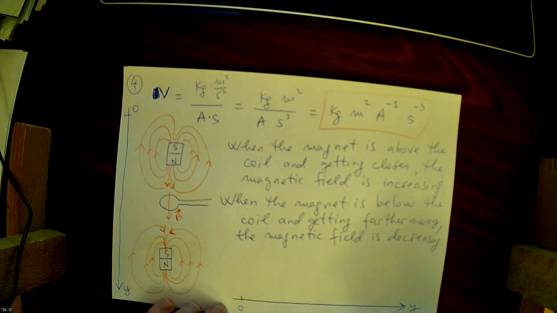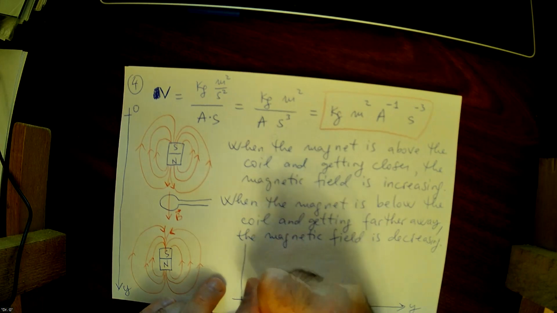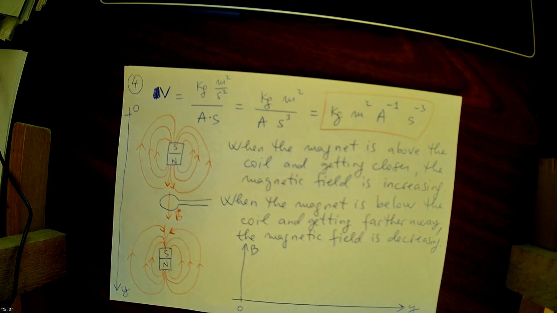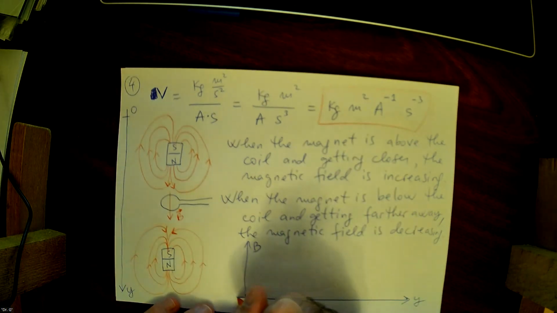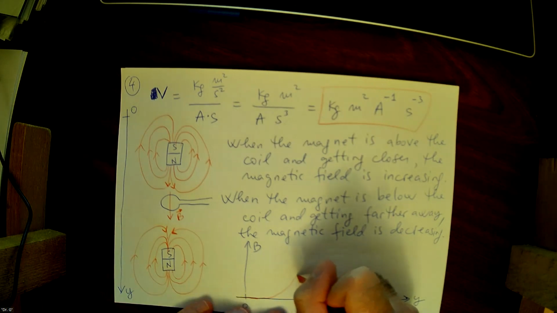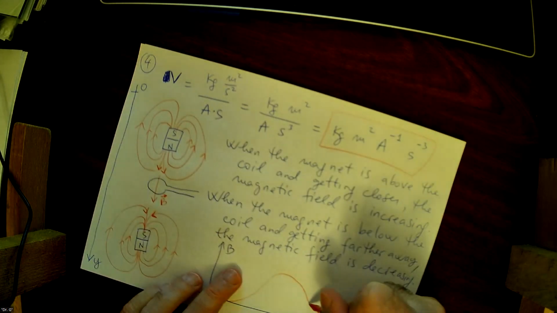What we'll see very, very far away, the magnetic field is 0. And then as the magnet gets closer, the magnetic field increases, reaches a maximum value and then decreases.